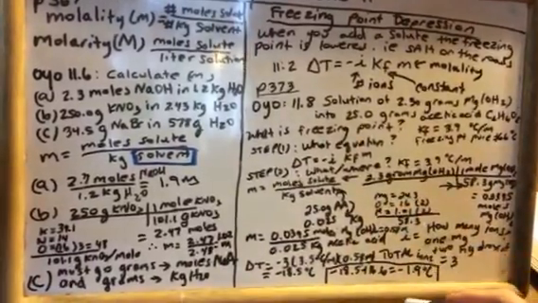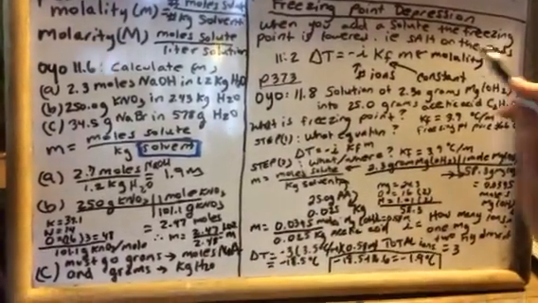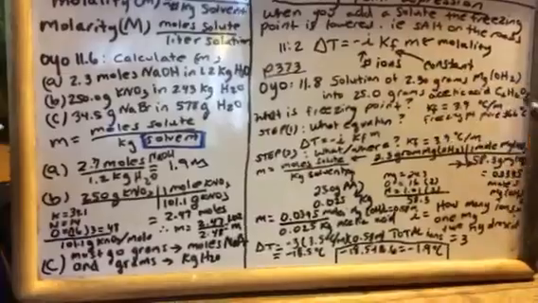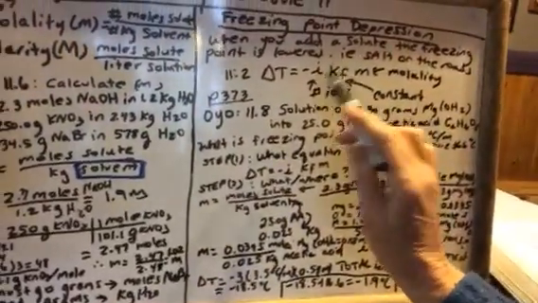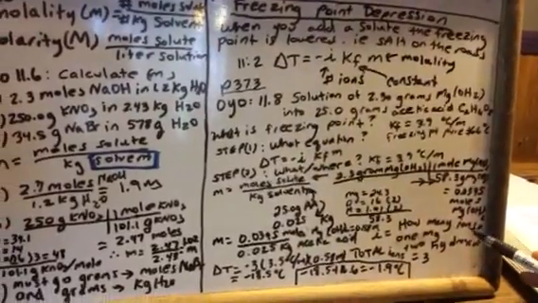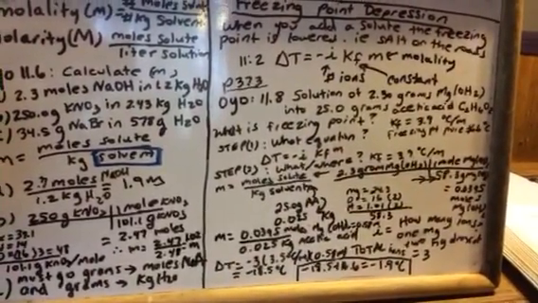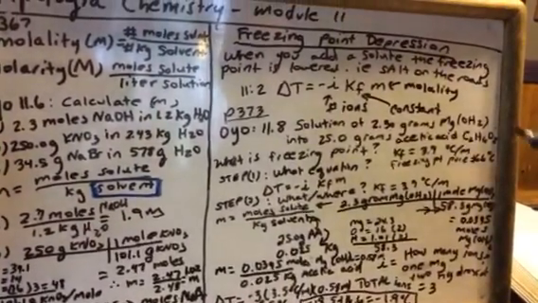Once we plug all that in, you're asking, okay, well, I know what the molality is, and it told me the freezing point constant, so I know that. But the one thing I don't know is the number of ions. How am I going to figure that out? Okay, well, let's look at what you have here.